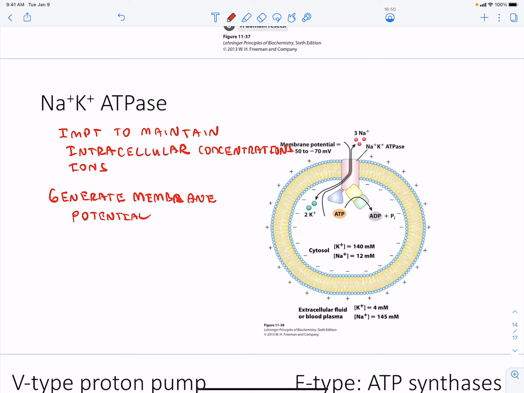But in general, you're going to move 3 sodium out for every 2 potassium you move in.